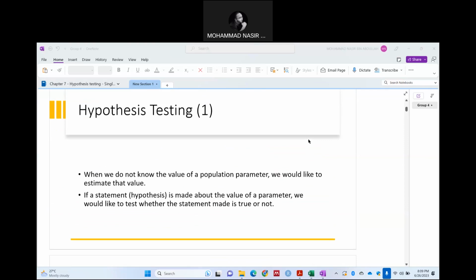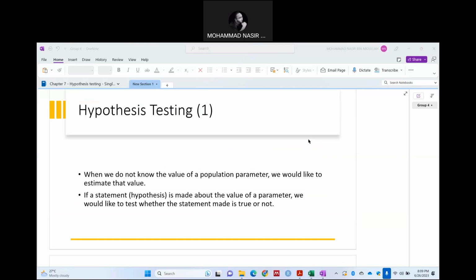This slide starts with: when we don't know the value of a population parameter, then we can estimate the value by using an estimation method. I think last class in chapter 6, we already learned how to estimate the value of a population parameter from the sampling distribution.